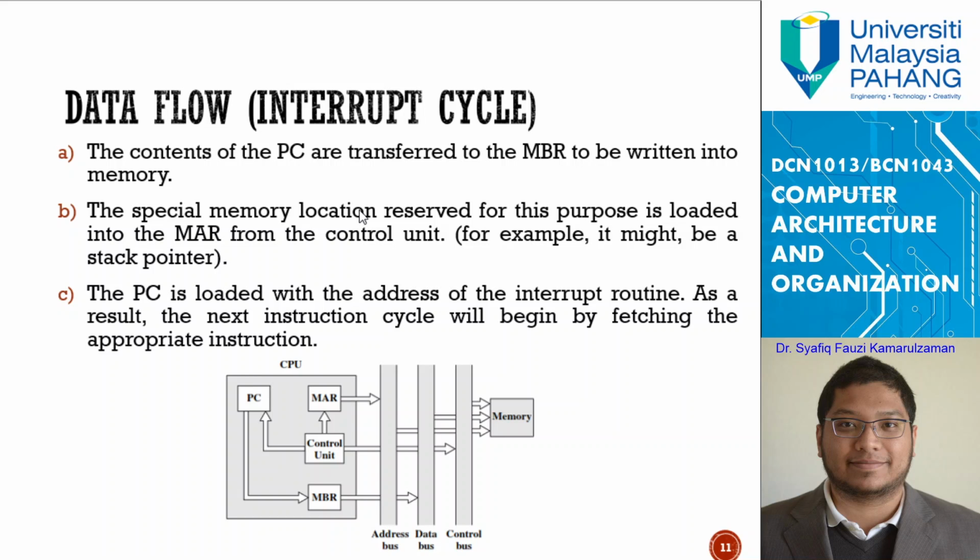Now in case your CPU has an interrupt while doing something, what does your CPU do? The contents of the program counter, when the interrupt happens, are firstly transferred to the memory buffer register. The memory buffer register is the one involved in writing things into the main memory. A special memory location is reserved for this interrupt purpose.